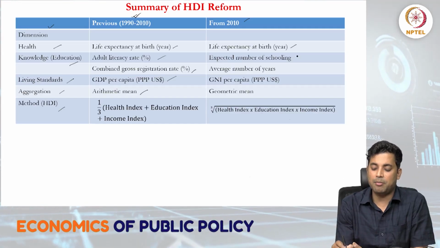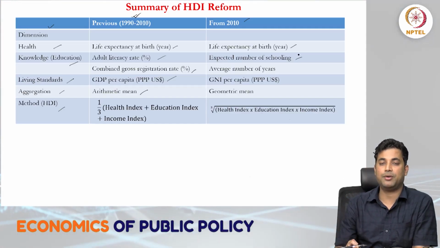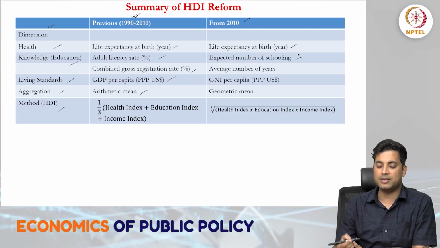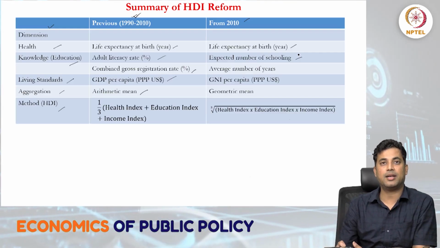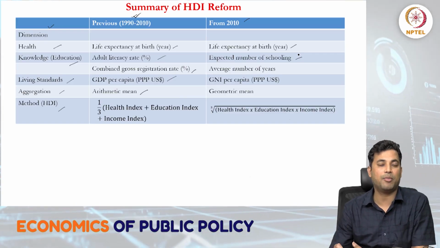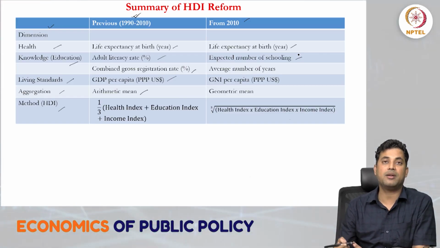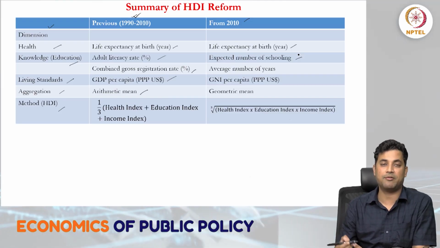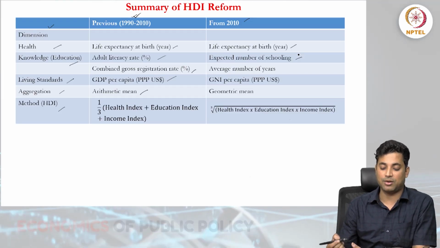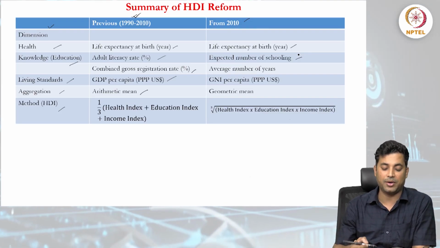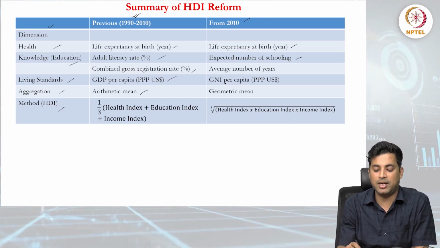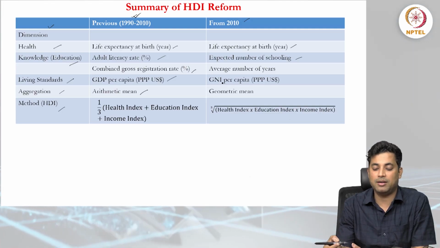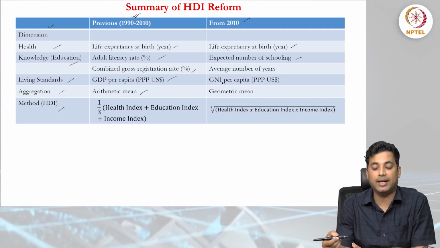It is now expected number of years of schooling and average number of years of schooling. That is important, because the debate is that just attending is not enough; expected years of schooling are important, and average years of schooling are also important for education. Earlier GDP per capita was considered, and GNI per capita is taken into account from 2010.